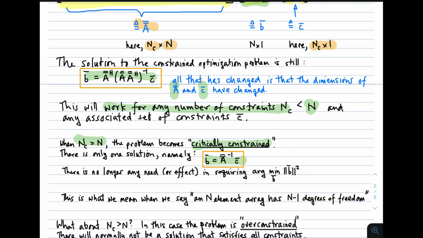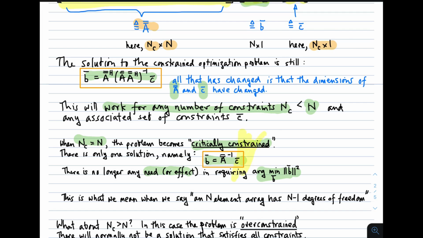It's simply the traditional inverse of A, A inverse times C. And there's no longer any need or effect in requiring that the norm squared of B be minimized. In other words, there's no need to require minimum power or to require the solution that gives us the minimum power. So you see, we've gone from being under-constrained to critically constrained.